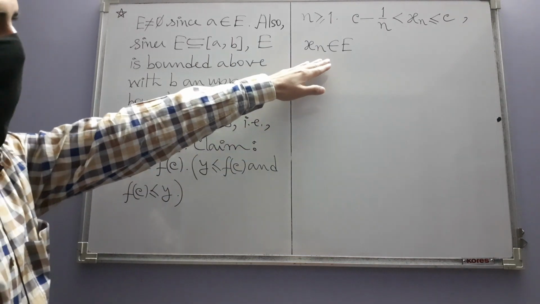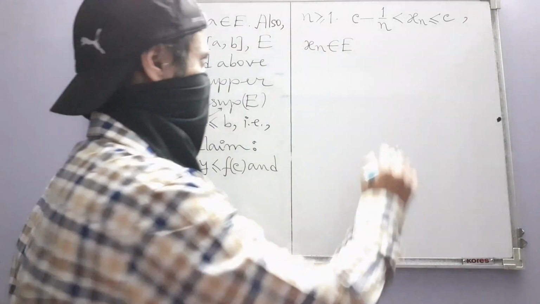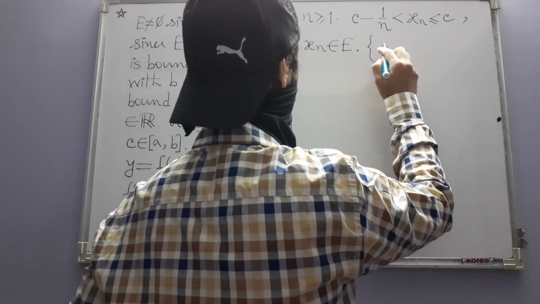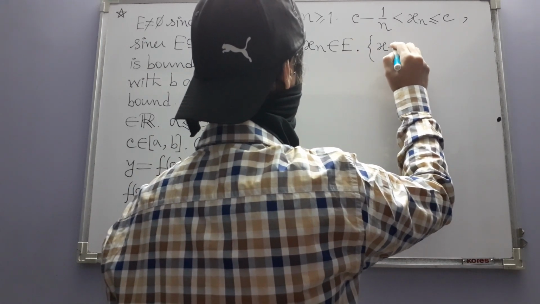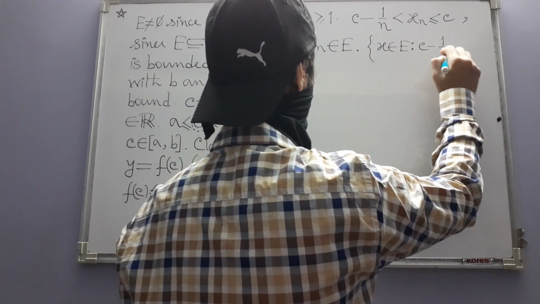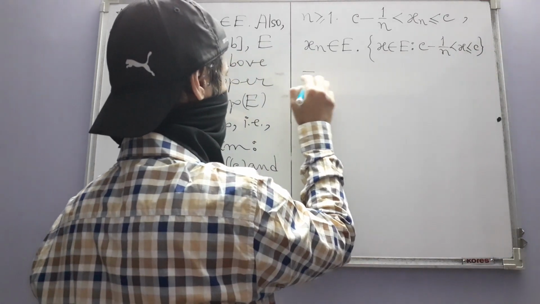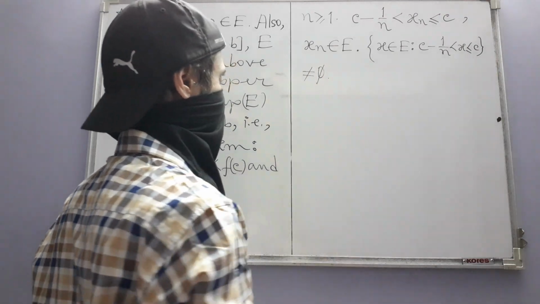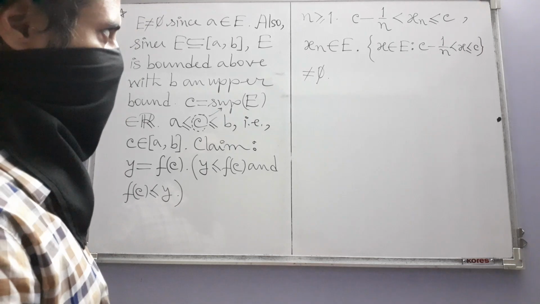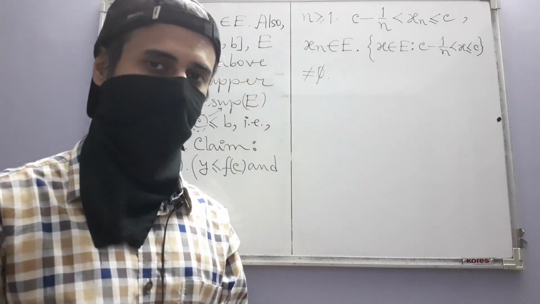So what this statement says is that for any positive integer n, this set is non-empty, no matter what the value of n is. So as you consider all such sets, all of them are non-empty.